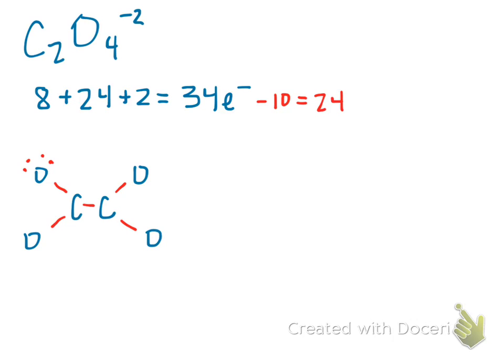If we drop lone pairs around each oxygen, that's how many? 24 electrons. Right? So that leaves us with enough, but what's the problem? Carbon only bonds twice. Our carbons don't have complete octets, right? Our oxygens each have complete octets, but our carbons do not.